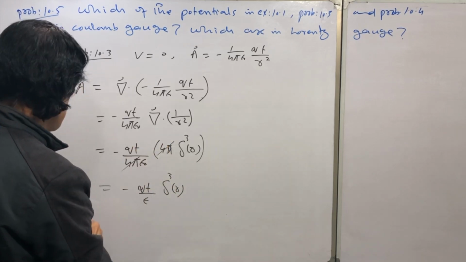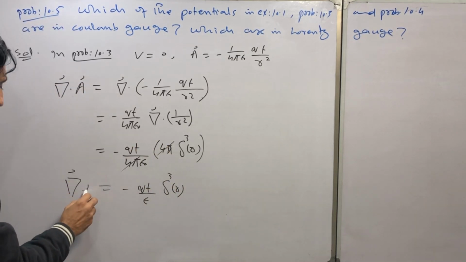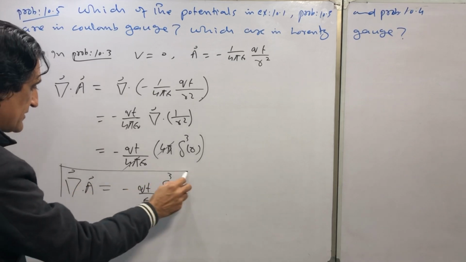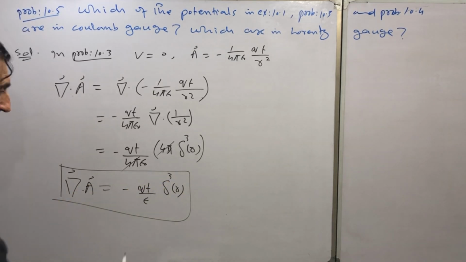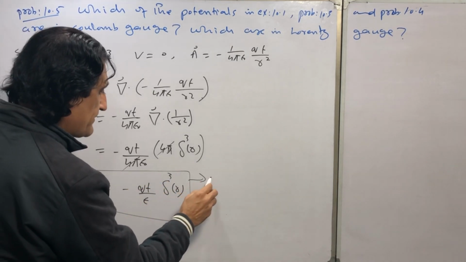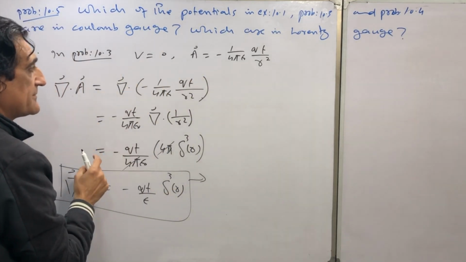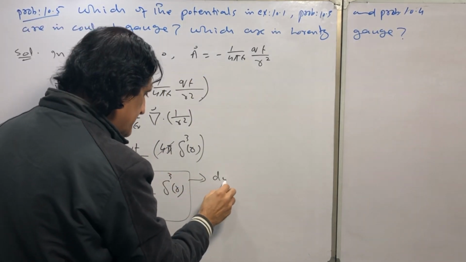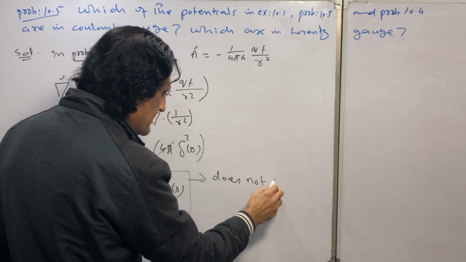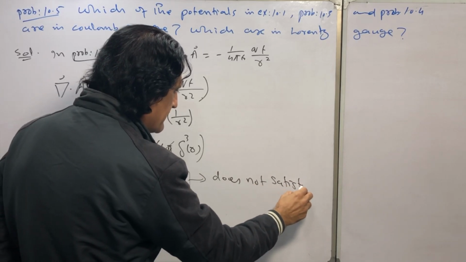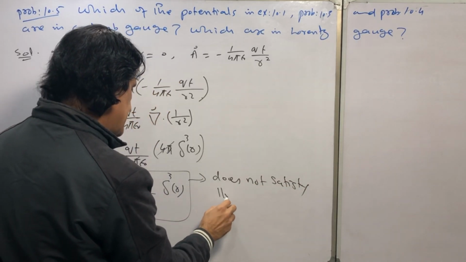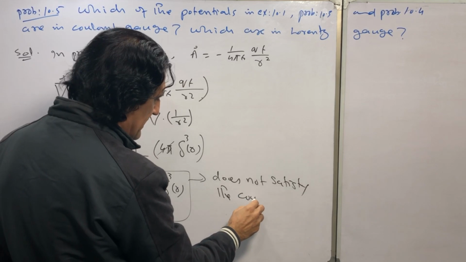This is a delta function, where the divergence of A is equal to this, and this is not equal to 0. So these potentials do not satisfy the Coulomb gauge.